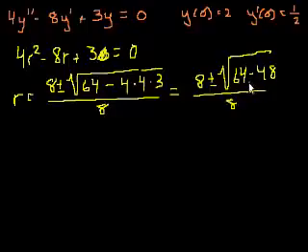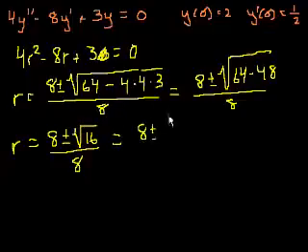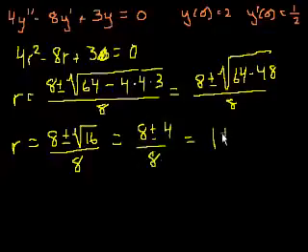What's 64 minus 48? Let's see, it's 16, right? Right. So we have r is equal to 8 plus or minus the square root of 16 over 8, which is equal to 8 plus or minus 4 over 8. That equals 1 plus or minus 1/2.